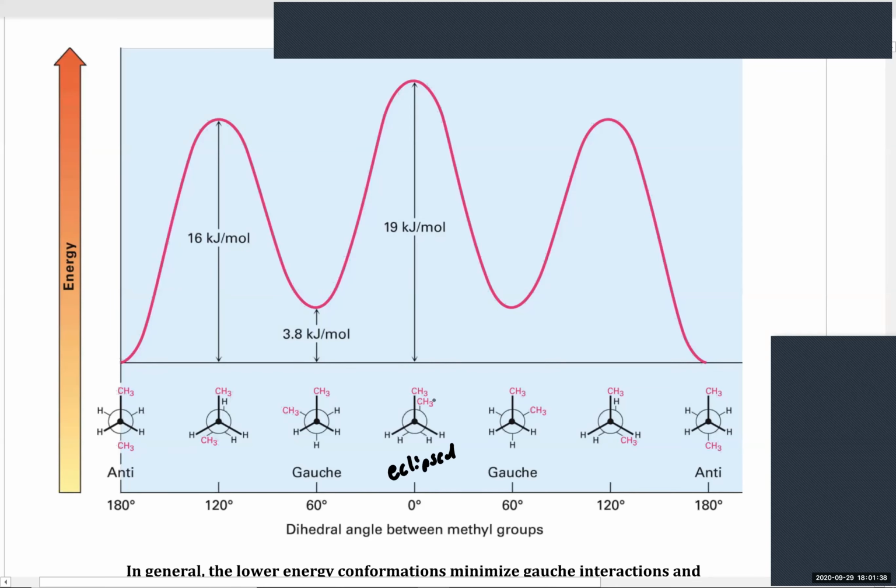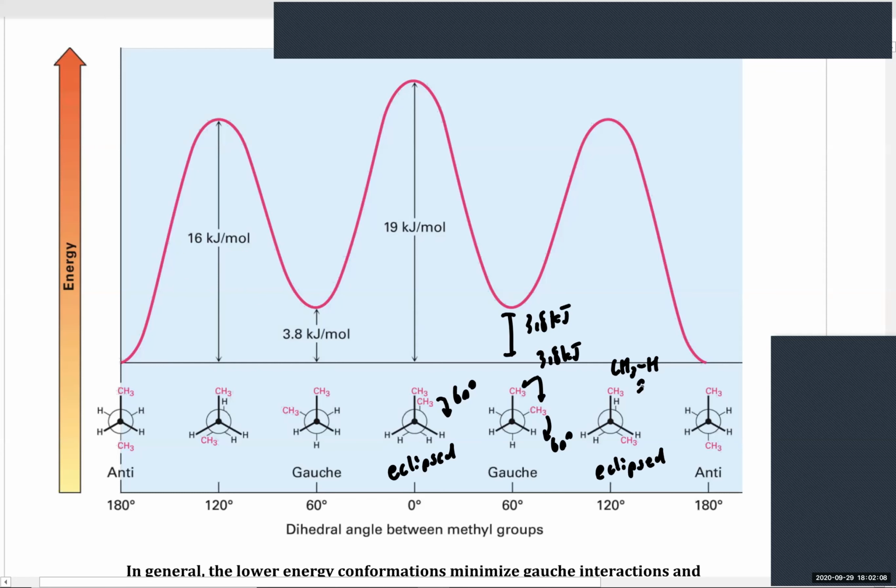If we rotate our back substituents 60 degrees to the right, we end up with a Gauche conformation, so we pay a penalty of 3.8 kilojoules. Next, if we rotate another 60 degrees, we end up with an eclipsed conformation. But this eclipsed conformation is lower in energy because of the methyl hydrogen interaction.